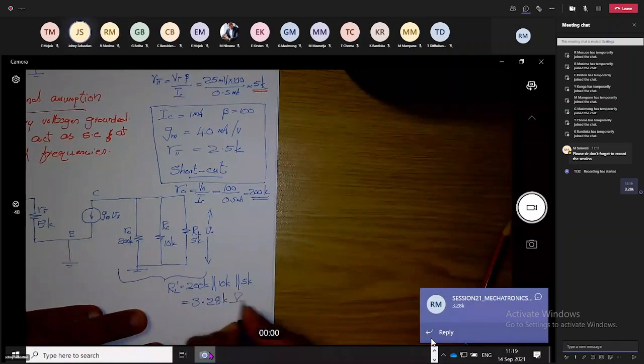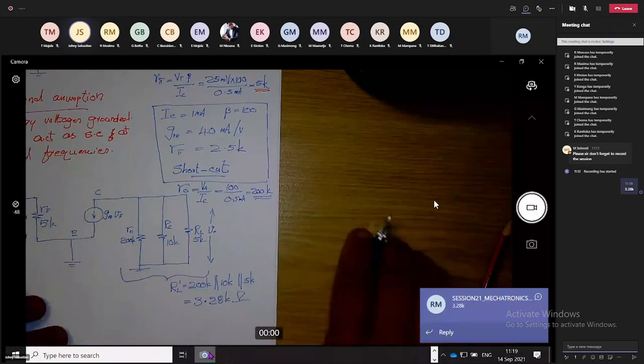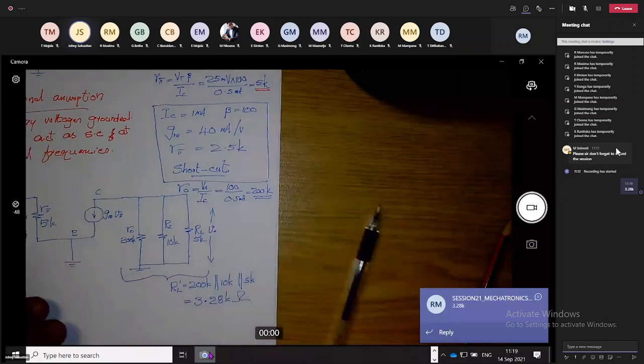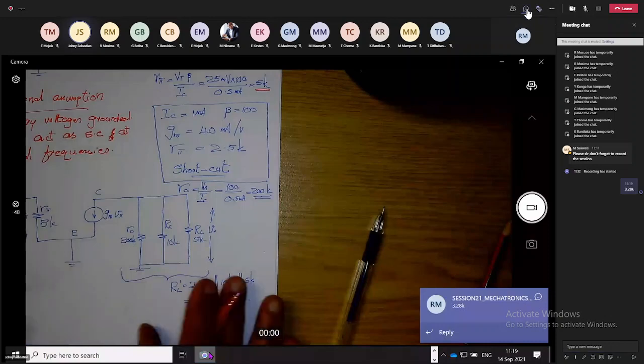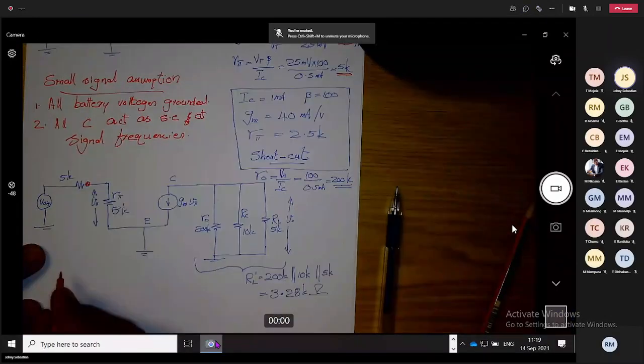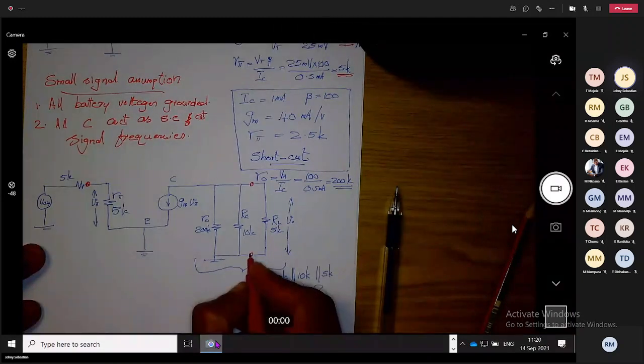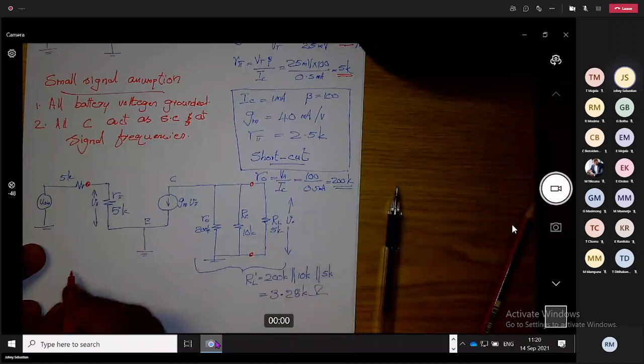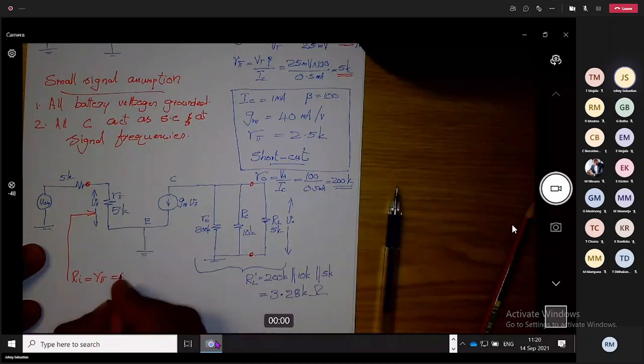That is RL prime. Now, remember, your amplifier is beginning at that point. Amplifier is ending at that point. So, your input impedance is r pi, which is 5 kilo ohm.